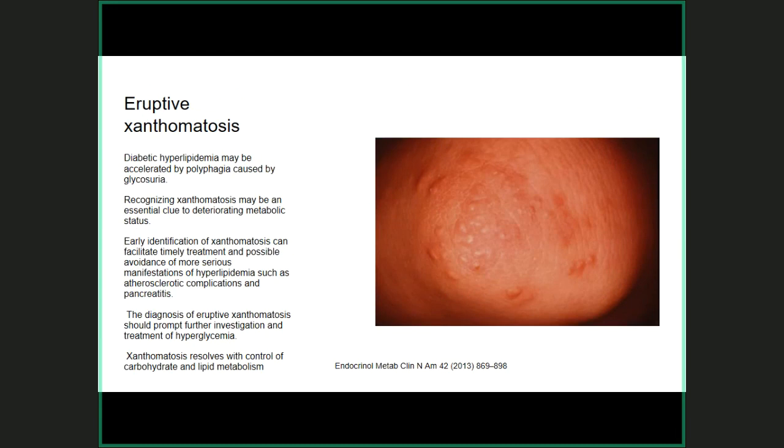Recognizing these xanthomas may be an essential clue to deteriorating metabolic status. Early identification and treatment can prevent more complex conditions, atherosclerotic complications, and pancreatitis. These do resolve with control of your carbohydrate and lipid levels and metabolism.